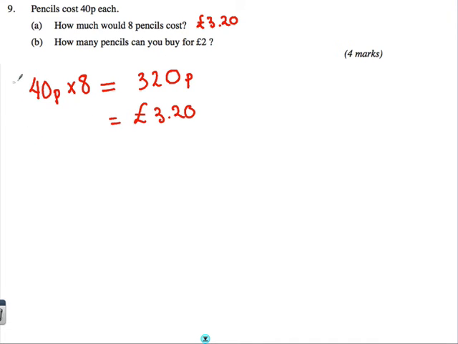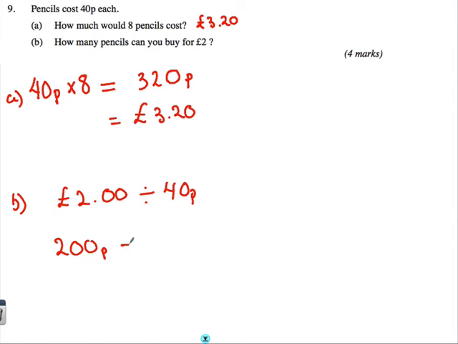Well, we need to do the £2 and divide it by 40 pence. We make sure they are in the same units. So £2 is in fact 200 pence divided by 40 pence to give us the number of pencils. I am just going to cover up this 0 from the 200 and this 0 from the 4.